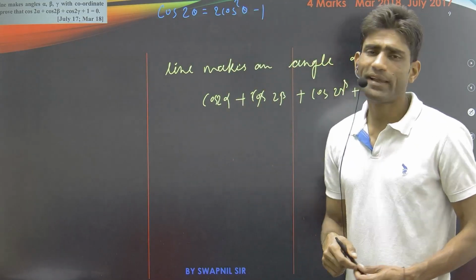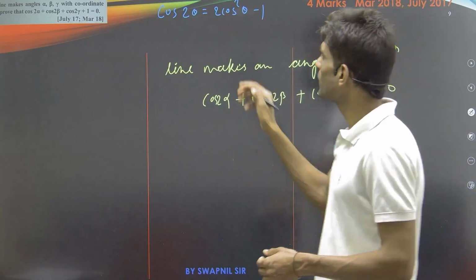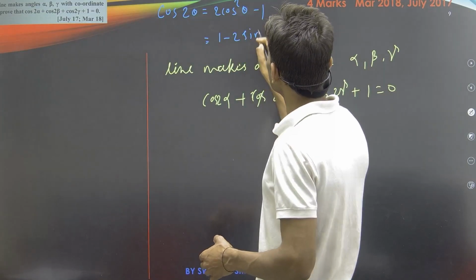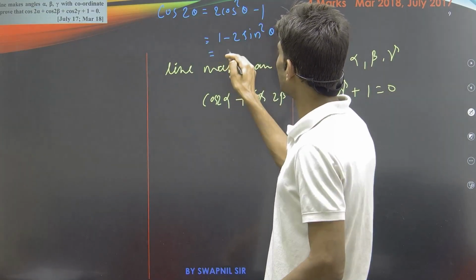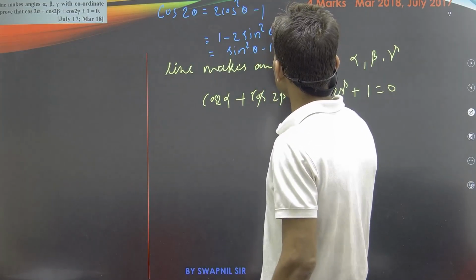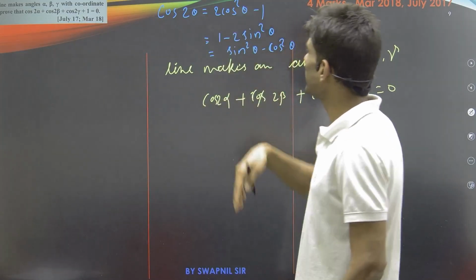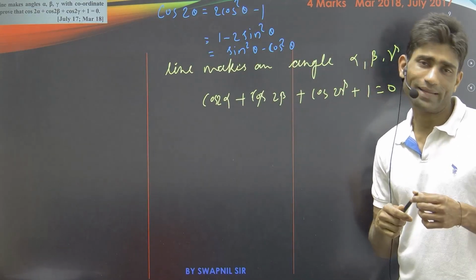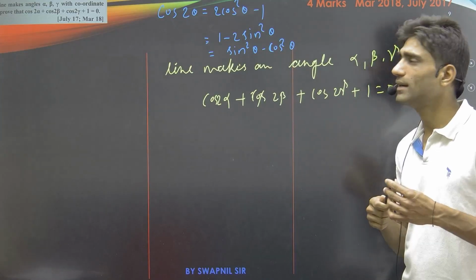Cos 2 theta can be written as 2 cos square theta minus 1, or we can write it as 1 minus 2 sine square theta, or as cos square theta minus sine square theta. These are very important results for cos 2 theta, used everywhere in mathematics. You need to understand these results here.